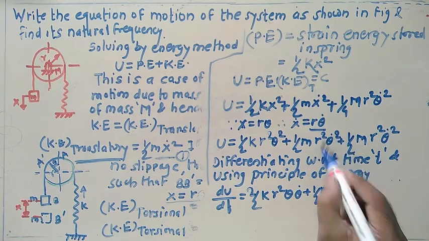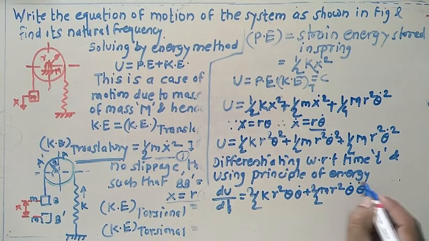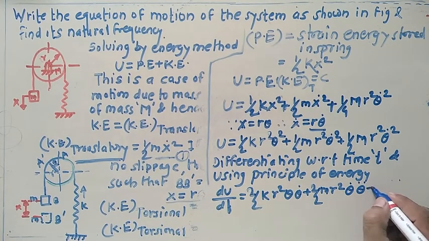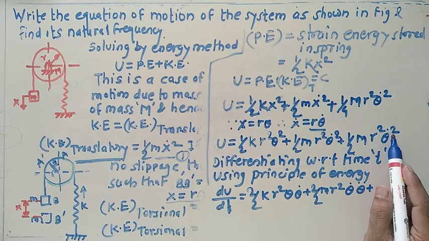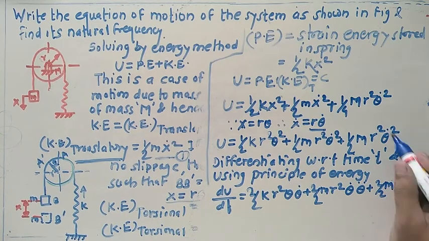Again the derivative of this term is 2 theta single dot, theta double dot will come. In the next part you take the derivative of this one with respect to time t. This term is constant, so 2 divided by 2 m r square. So what about this one?